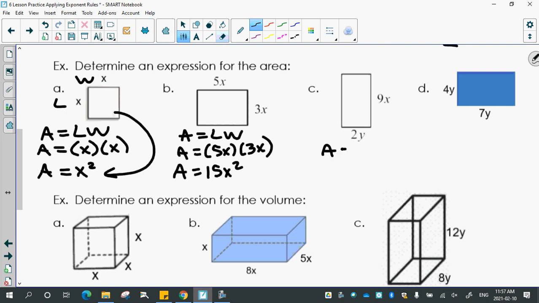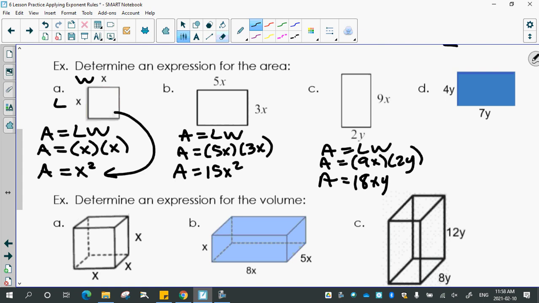And this one sometimes stumps people a little bit. Who knows what 9x times 2y is? 18xy. Very good. So 9 times 2 is 18.